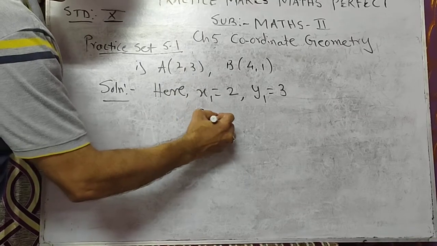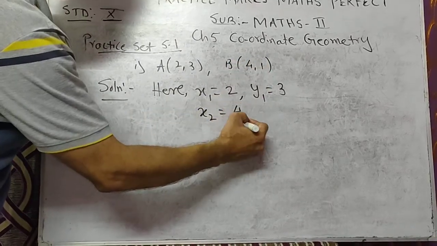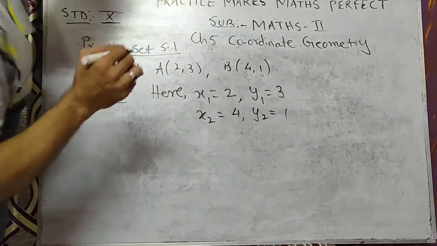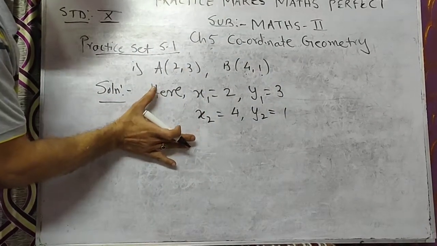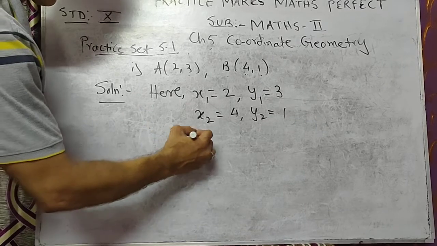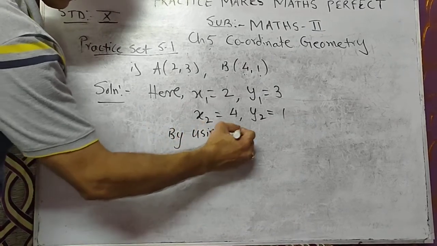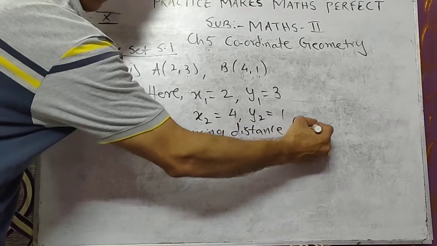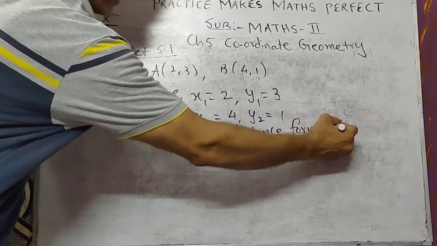Okay, x2 is equal to 4, comma y2 is equal to 1. This is x2 y2. First of all you have to mention this, then you have to write by using distance formula.